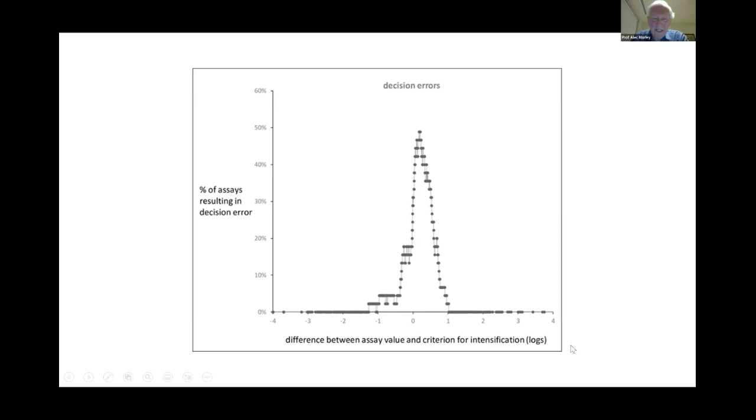And you can see that if levels were more than 1 log away from the cutoff point, the answer was correct in virtually all cases. But as the result of a single assay approached the cutoff, the probability of an error increased.